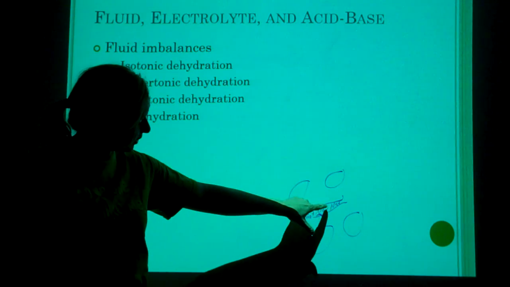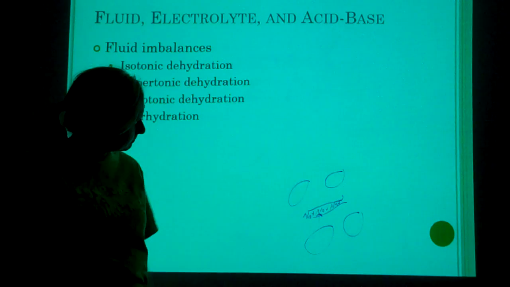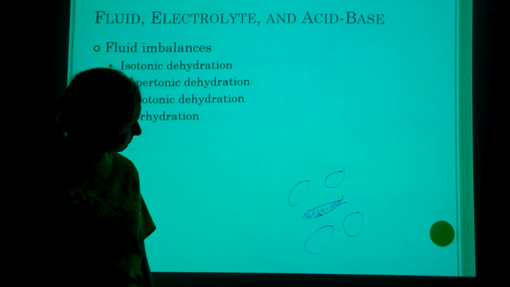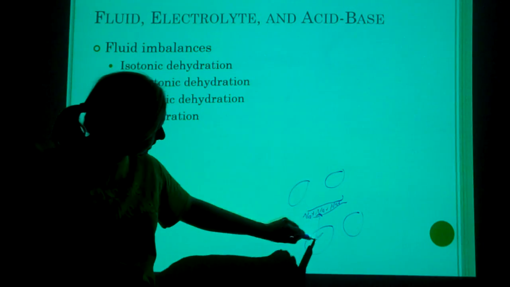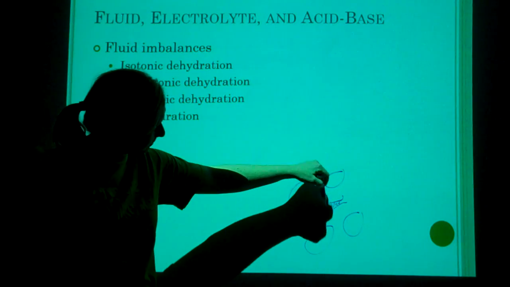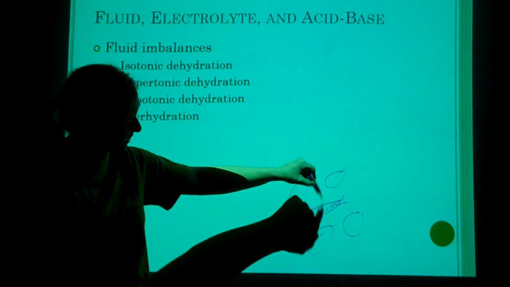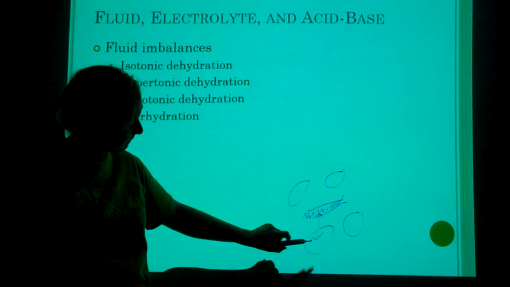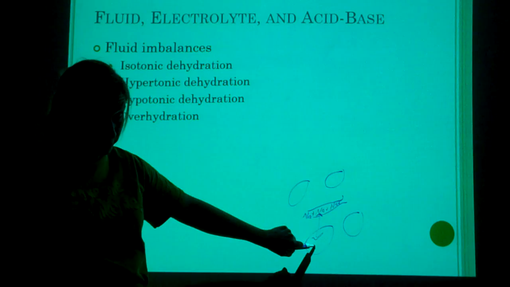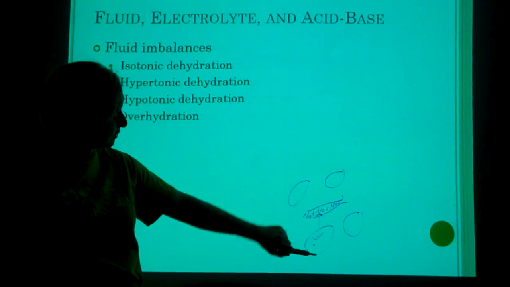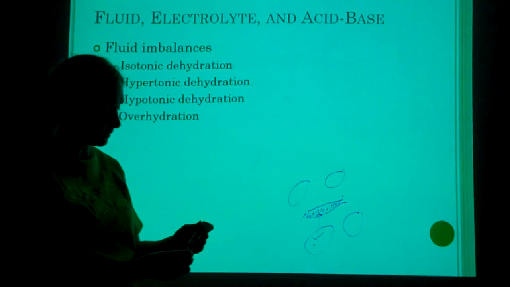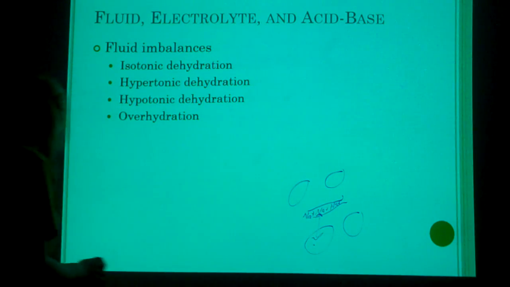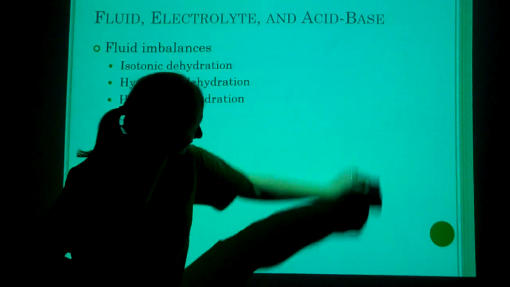And if you put more water in here, then it's going to shift the water back into the cell. The water concentration here is going to be higher than the sodium. Sodium content here is higher because you've already lost the water into the bloodstream, if that makes any sense whatsoever. So then it's going to put the fluid back into the cells. I may have confused you even more. If so, we can talk about that in class.